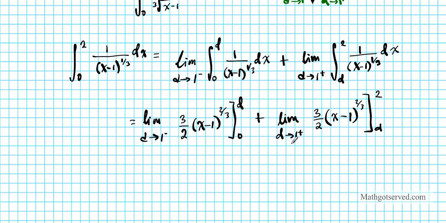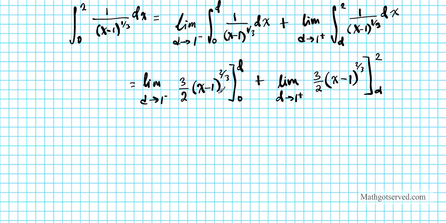All right, so let's go ahead and work this out. So let's start with the left one. So we're going to have the limit as d approaches 1 from the left. I'm going to plug in the upper limit and then the lower limit, okay? So when I plug in the upper limit, I'm going to have 3 over 2 times d minus 1 to the 2/3, minus, when I plug in the lower limit, 3 over 2 times 0 minus 1 to the 2/3.